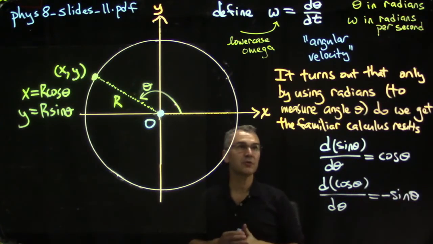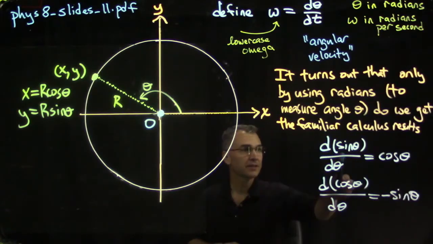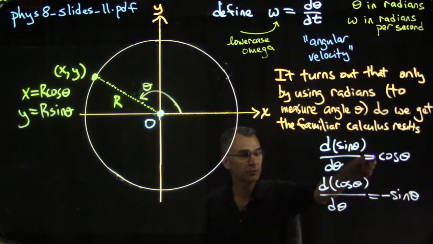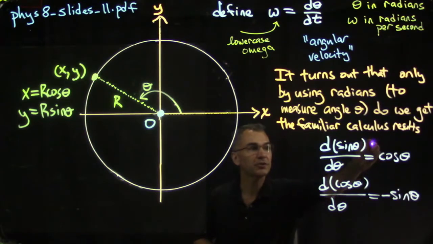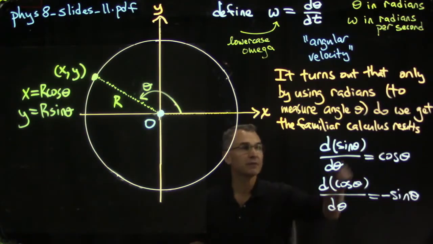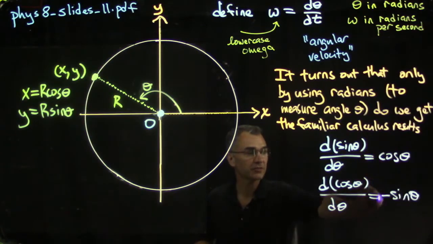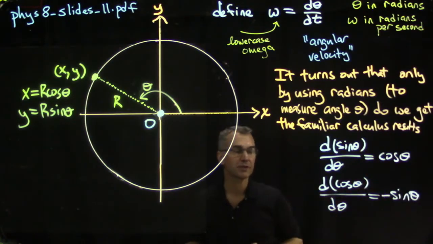If you were to use revolutions instead of radians, you would have an extra factor of 2 pi in front of these results. You'd have to stick a 2 pi here, and a 2 pi here. And if you were using degrees instead of radians, you would have to stick a factor of pi over 180 here, and a factor of pi over 180 here.